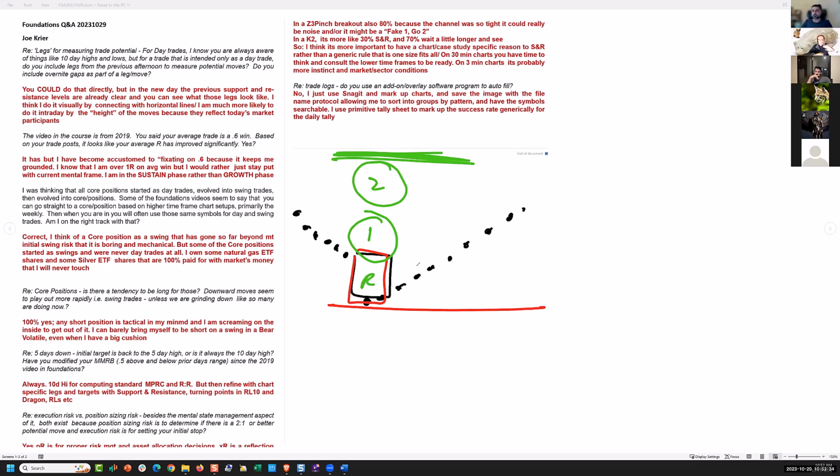Independent of dollars and all that other stuff, it is purely, I'm betting that I can reasonably get to 2R. And while it's doing that, somewhere around 0.6, I'm getting to no lose. I'm getting to no lose plus dinner for two.